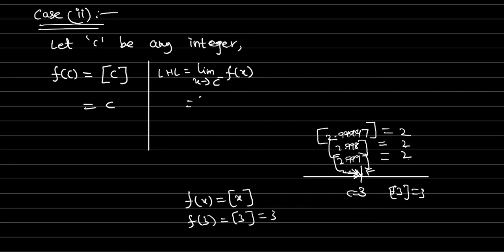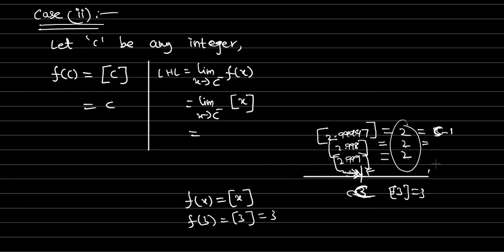So when we apply the limit, what is the function? Greater integer x. What outcome are we getting? If it is 3, the value will be less than 3, 1 lesser, right? Only 1 lesser. So if we are getting 2, we can write this as 3 minus 1. So if it is C, then it is going to be C minus 1.